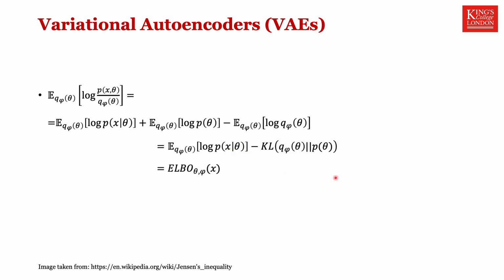And there's a second term, which is a regularization term, which tries to make sure that the distribution of these parameters in this latent space is close to a specific prior distribution, which in the case of variational autoencoders is a Gaussian prior. So we want the representation in the latent space to be close to a Gaussian, and at the same time we want the network to be able to reconstruct the observations x given the current estimate of the parameters.